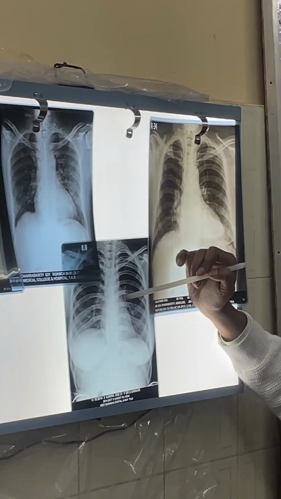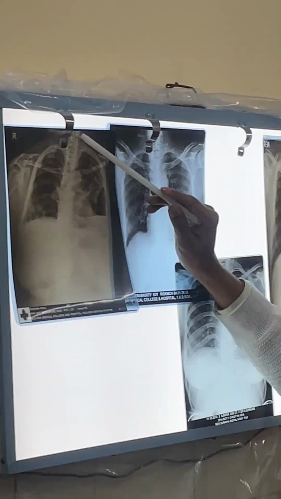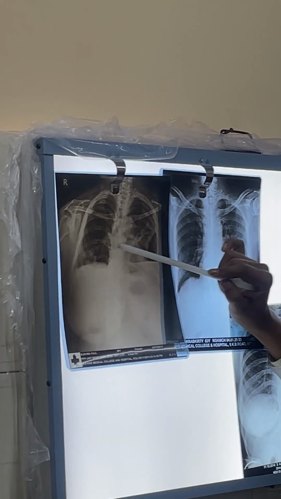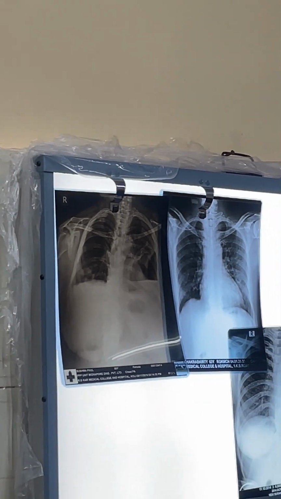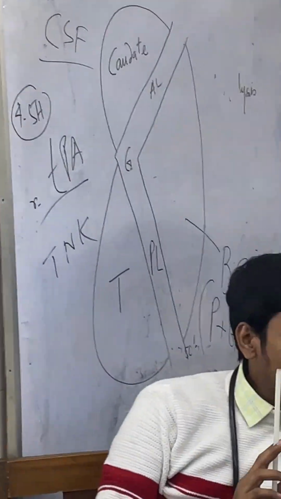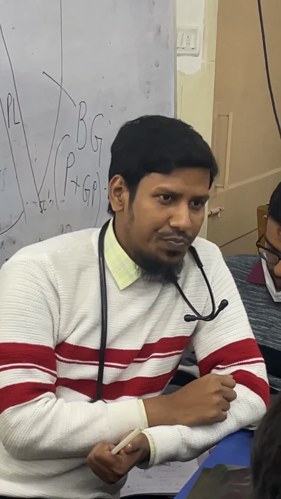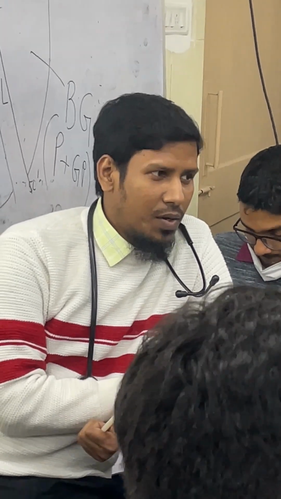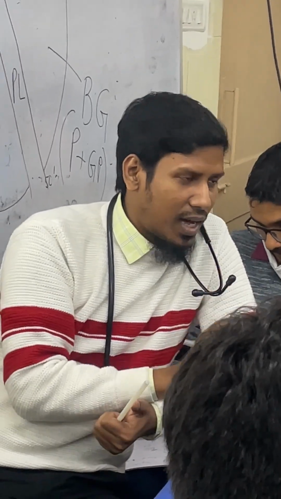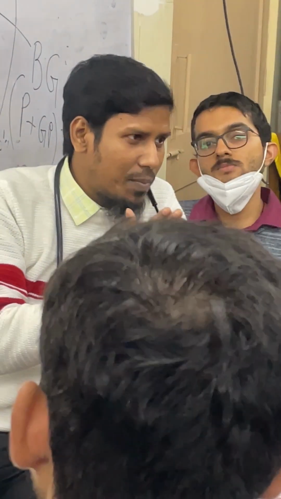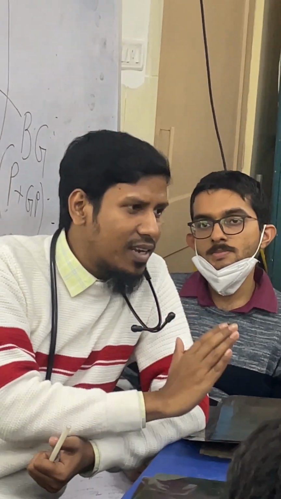The right side is a little visible, but here you can see that the trachea is coming and there is a right side and left side bifurcation. Right and left. So first you have to see the airway, whether the trachea is in the midline or not. The trachea is central or midline, and the right and left bronchi are bifurcated, and both sides are equal or slightly more on the right side.